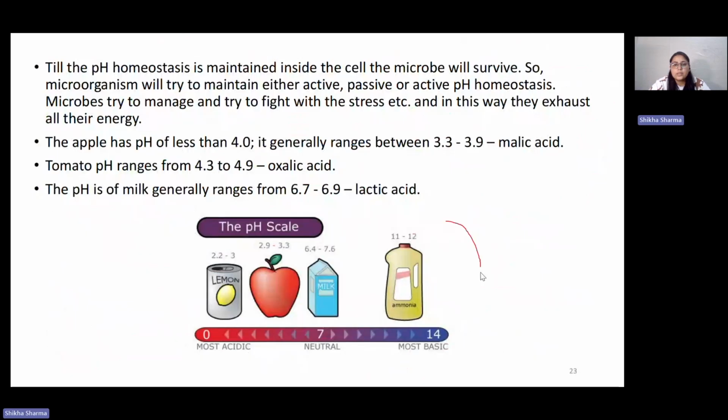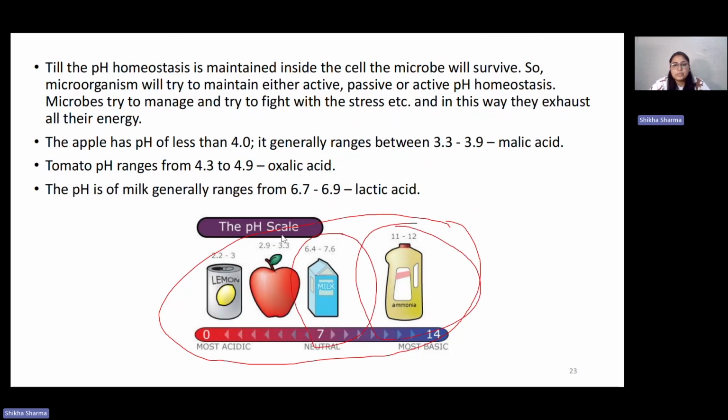Here we can see that there are different food products in different pH ranges. Ammonia is on the alkaline side, whereas milk is on the more neutral side, and apple and lemon are more towards the acidic side. As long as the pH homeostasis is maintained inside the cell, the microorganism will survive.